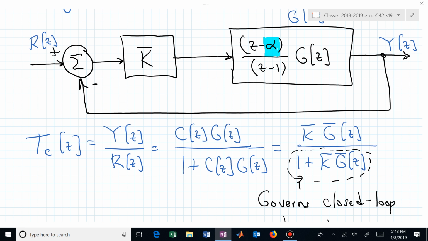Structurally, this looks just like what we had with the proportional control. The slight change is that now in G bar we've had to throw down a zero factor. We've had to now put onto the z plane a z minus alpha factor.